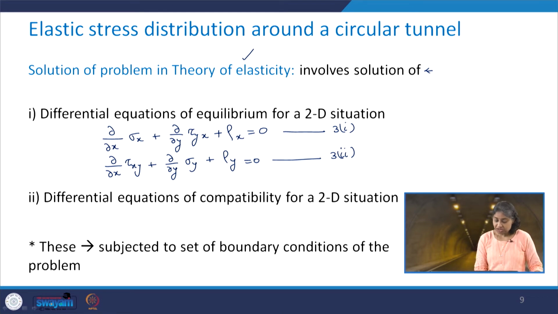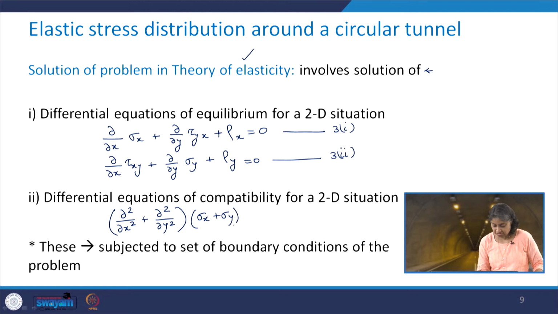Now, what happens to the differential equations of compatibility? How can we write it? That is del 2 del x2 plus del 2 del y2 of sigma x plus sigma y, which will be equal to 0. This is equation number 4.